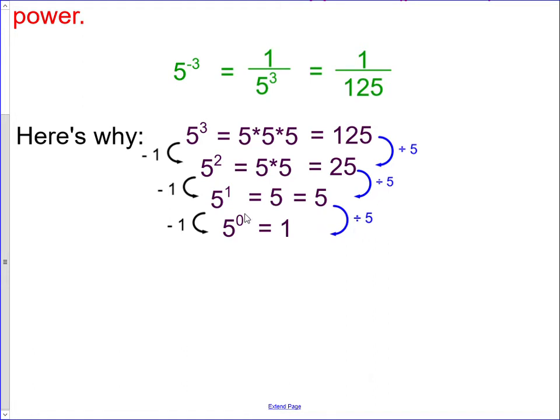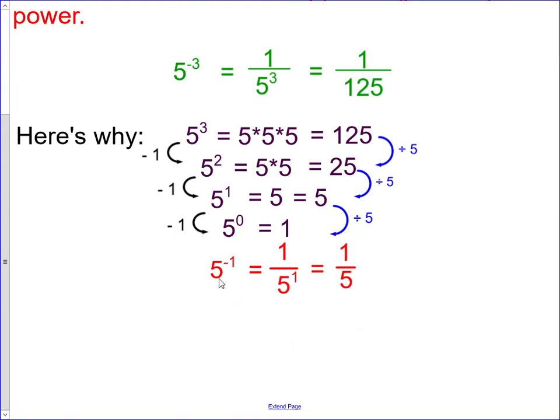If we continue that pattern, we would have 5 to the 0 power minus 1, which would make it 5 to the negative 1 power. And this would be, according to the rule, 1 divided by 5 to the first power, which would be the same as 1/5. So let's take a look at this. 1 divided by 5 is 1/5.